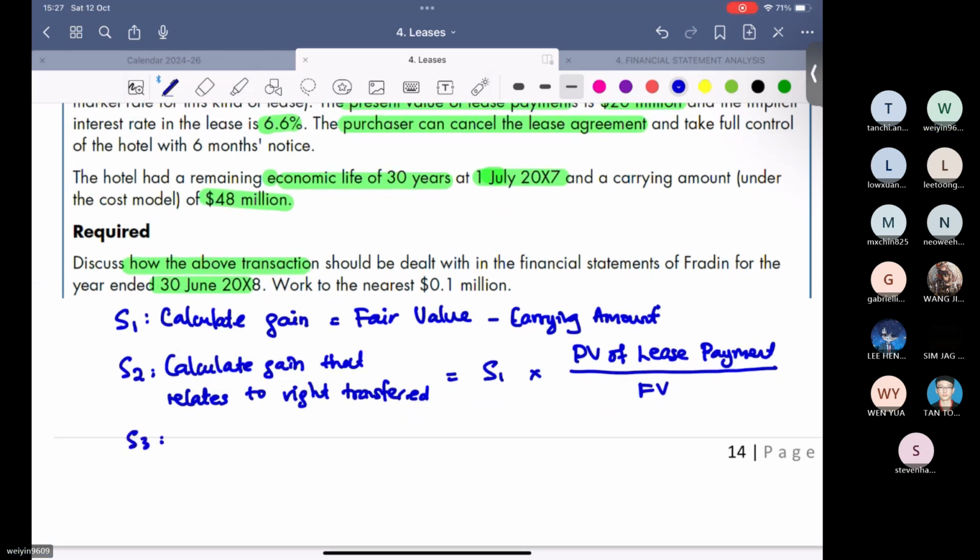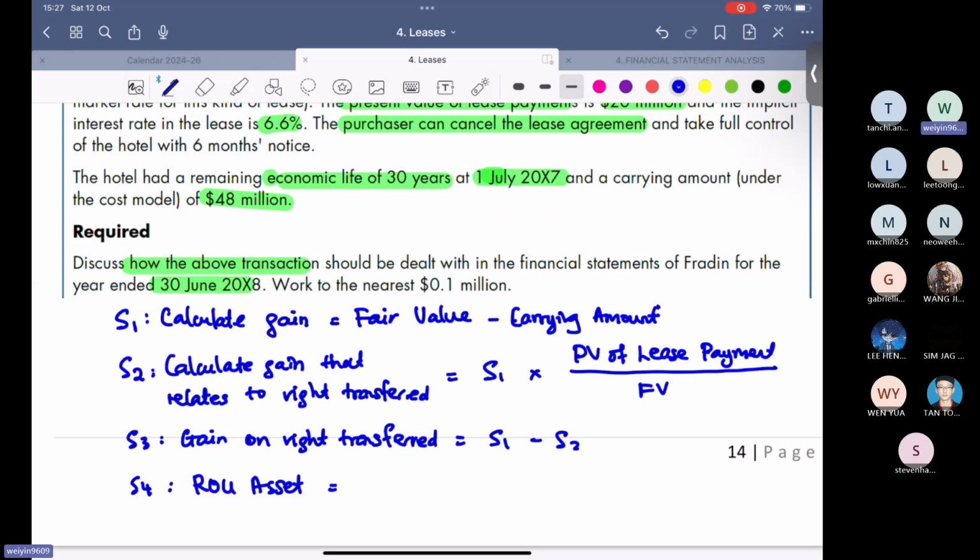Step 3, gain on right of transfer equals S1 minus S2. Step 4, ROU asset equals carrying amount times PV of lease payment over fair value. Calculate, you copy first, then I will show you how to use this formula.